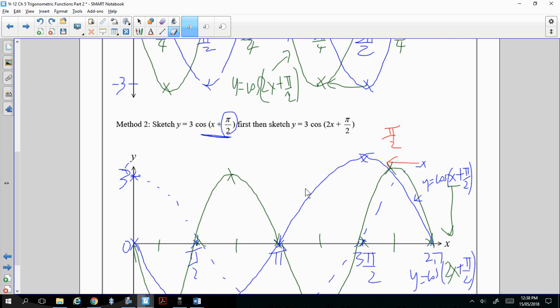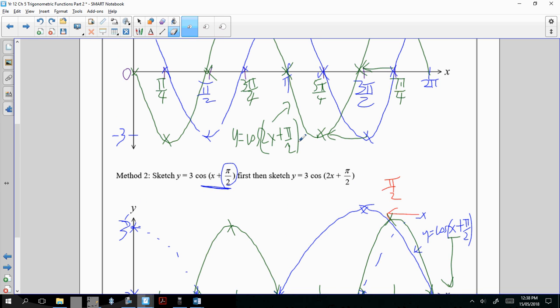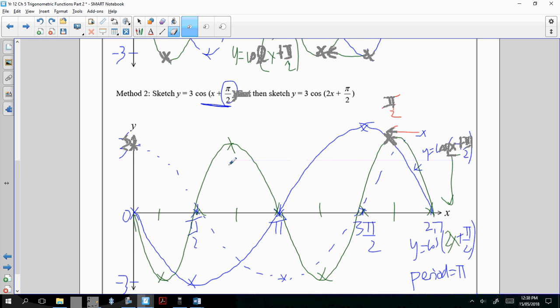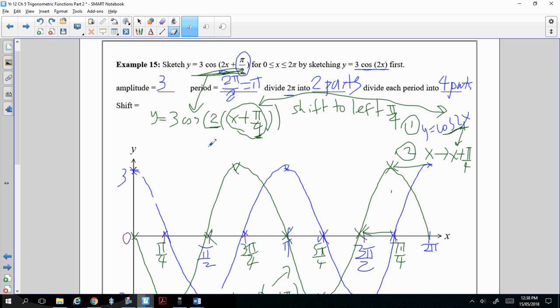But if you want to do the shift of pi on 2 first, you have to do the shift first, then change the period. But if you change the period first, then do the shift of pi on 2, that would be wrong.